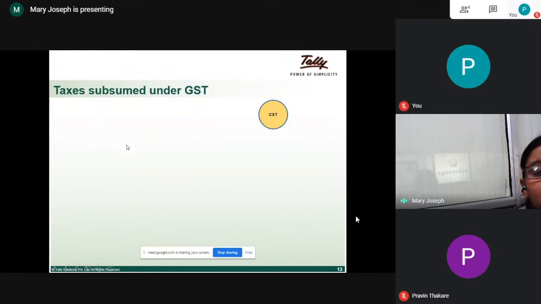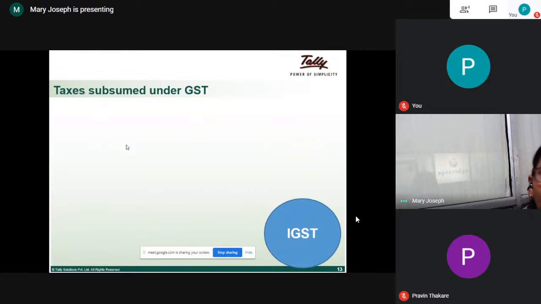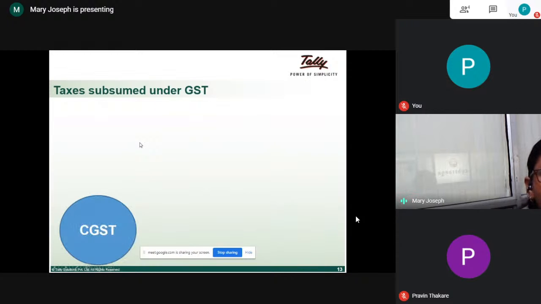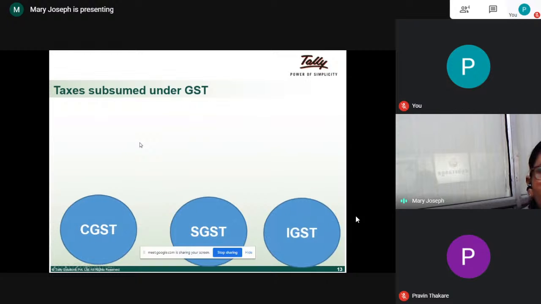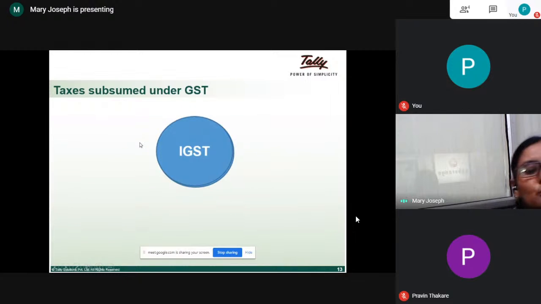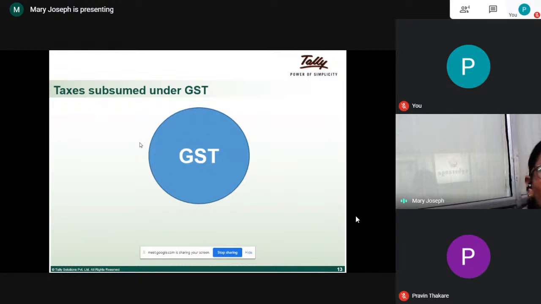Now CST, central sales tax, CVD and SCD, these are subsumed into the tax IGST, integrated goods and service tax. All these CGST, SGST, IGST are subsumed into the tax which is called GST, the goods and service tax.